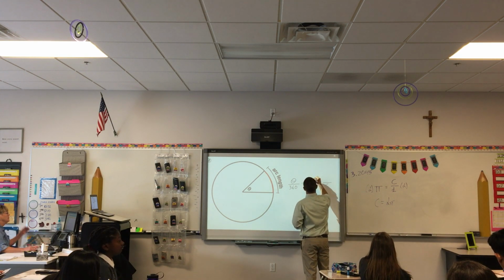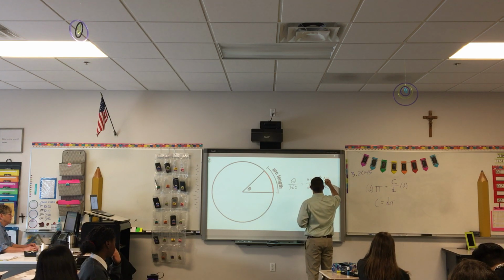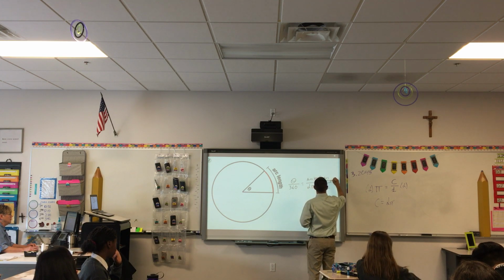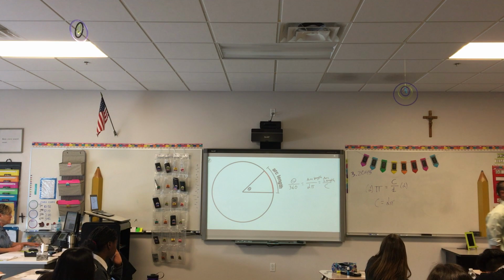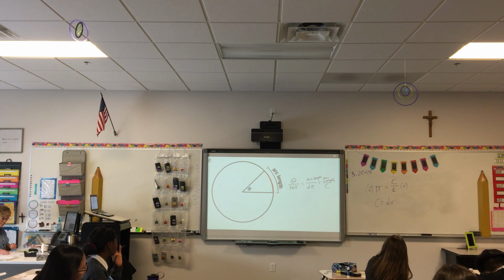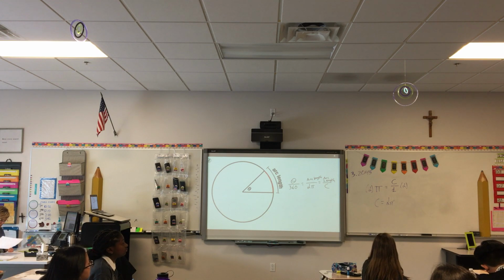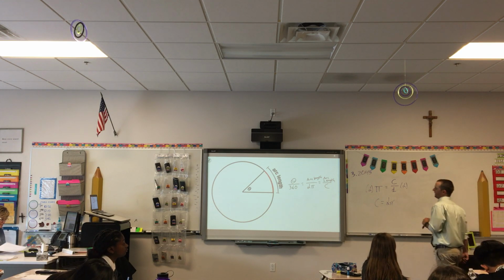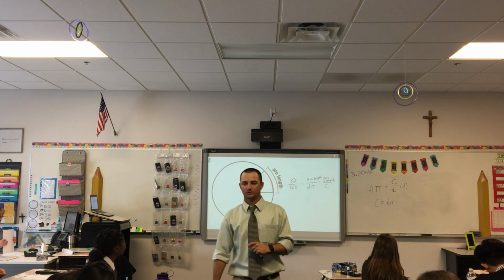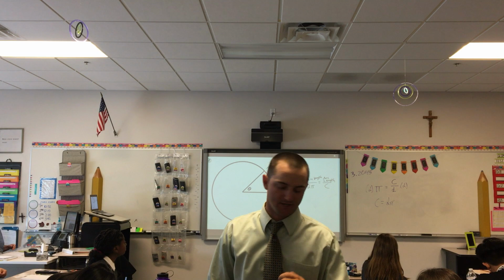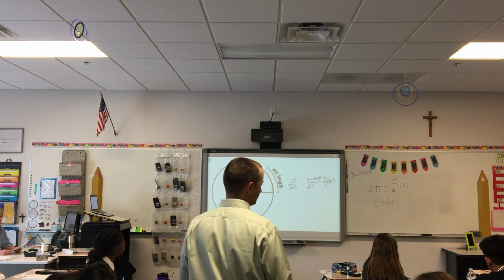This is my arc length. It's a D. So now if I want to figure out arc length, all I need to figure out is the arc measure and the diameter, or the arc measure and the circumference.